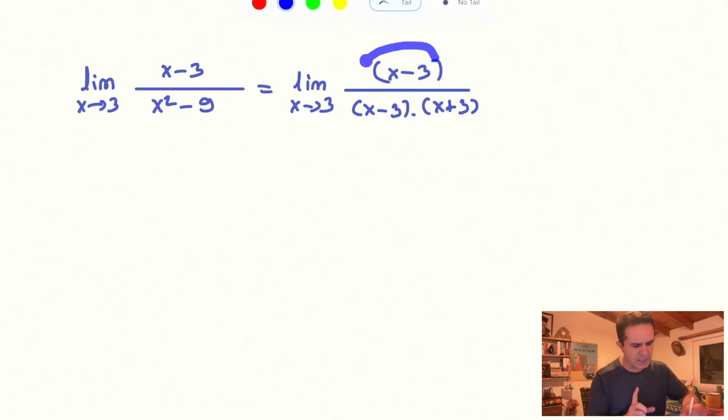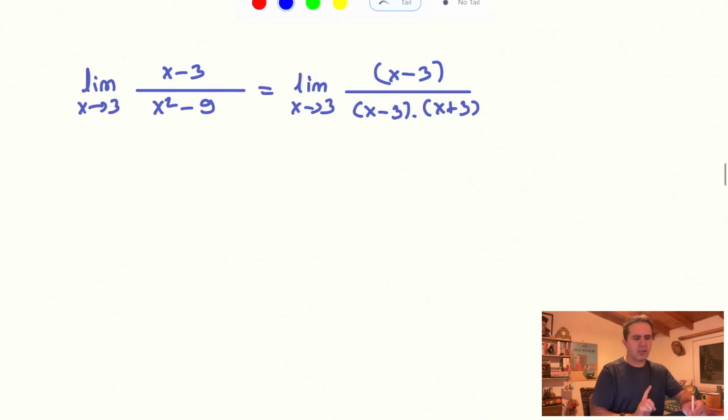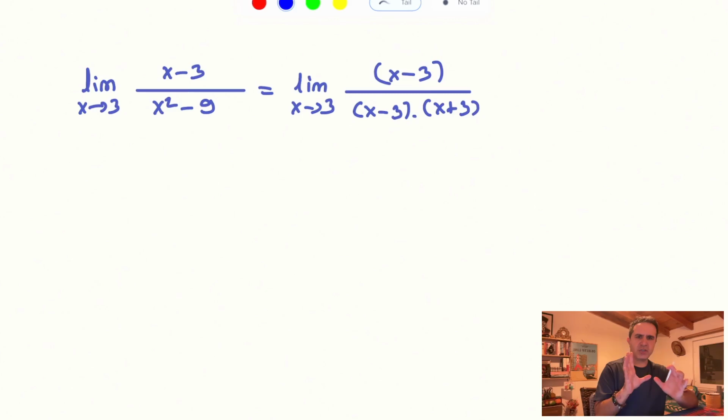Now, x minus 3 in the numerator approaches 0 and x minus 3 in the denominator approaches 0. But you should think that they are not 0. They are just numbers, and those numbers are approaching 0.